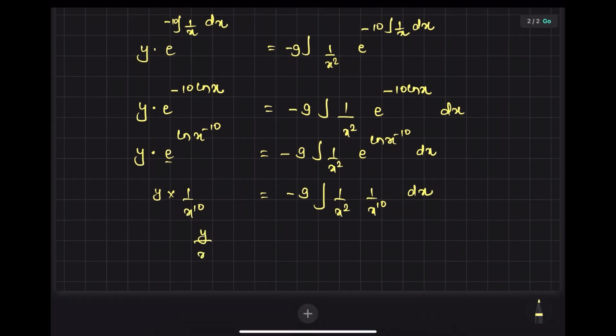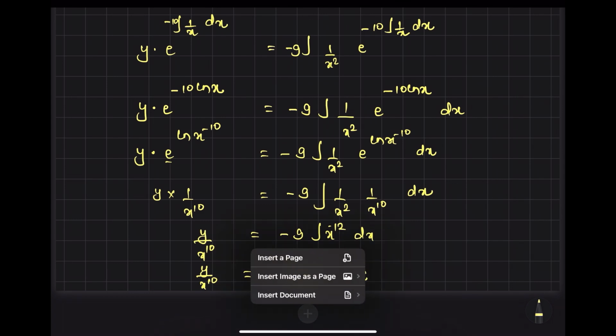So y by x power 10 is equal to minus 9 integration of x power minus 12 dx, right? So we have y by x power 10, we are almost done. Okay, so look at this, minus 10 x power minus 11 by minus 11. So this thing is gone, plus integration constant c.